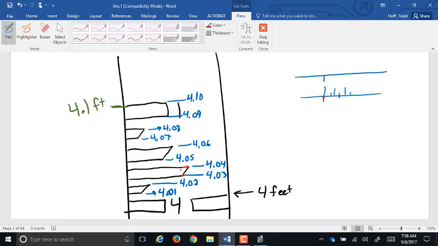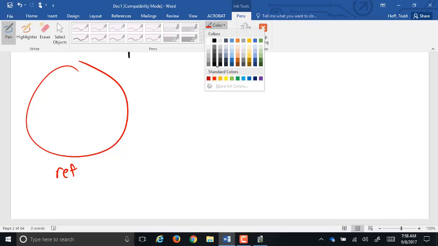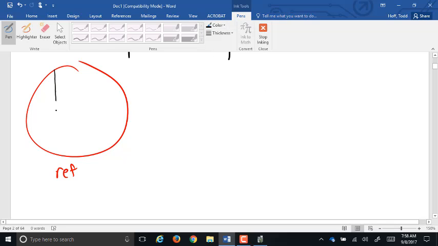Now, I don't expect you guys to be experts on reading these, but it may appear on a quiz where I have something like this. Here is my reference point. And I would probably not do to 1/100 of an inch. I would probably give you a stake that looks something like this.